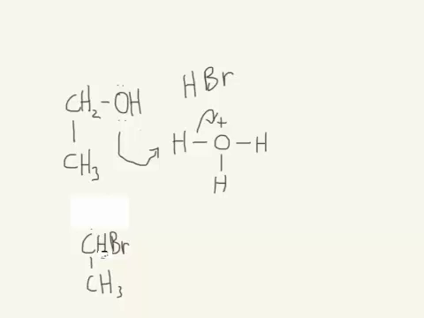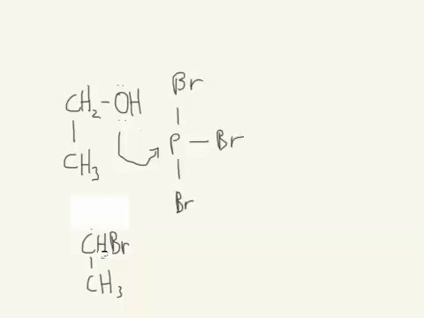And I said that using acid to activate a hydroxyl group is the simplest way to do it, but not the best way. There's more than one way to boil an egg. If we activate the hydroxyl group with a bigger molecule, we can get better yields and maybe even avoid carbocation rearrangements. Another thing that's used is phosphorus tribromide.